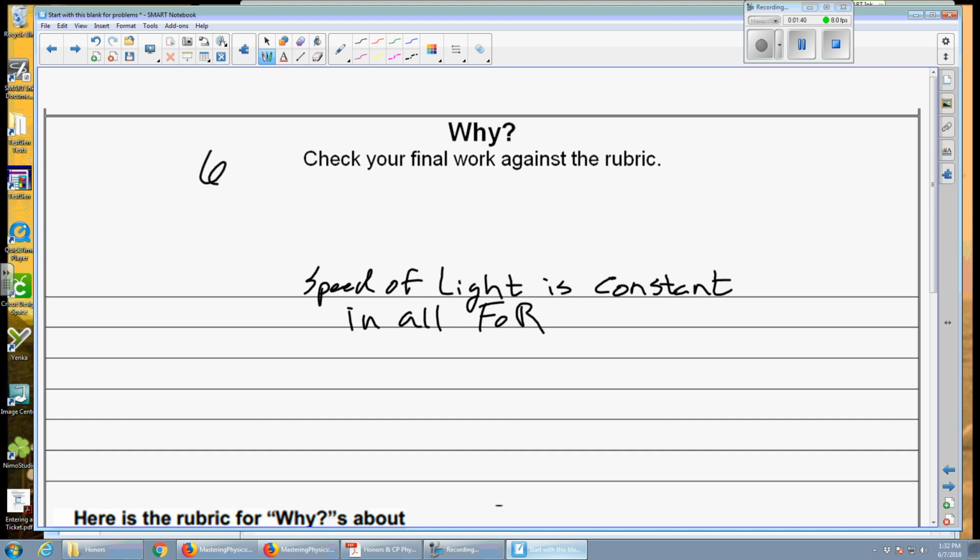That's our basis here. What happens to length as you move? So that would be my next fact. Length contracts or gets shorter when objects move.